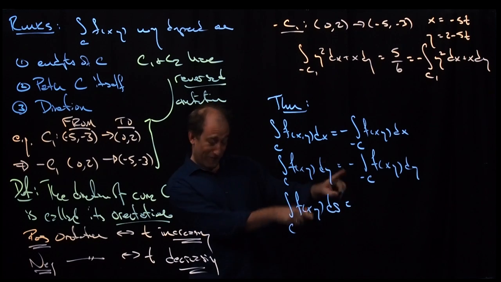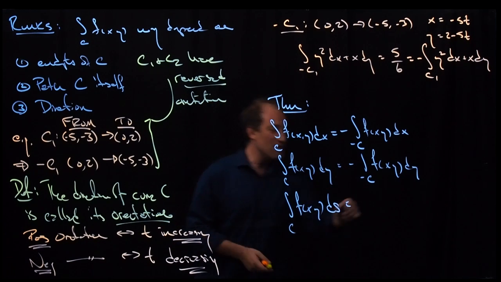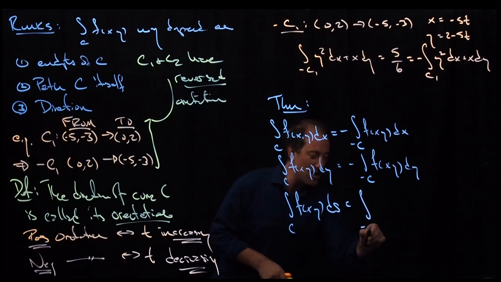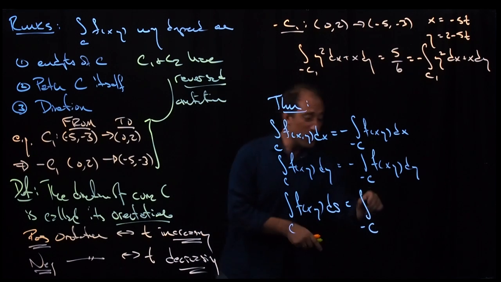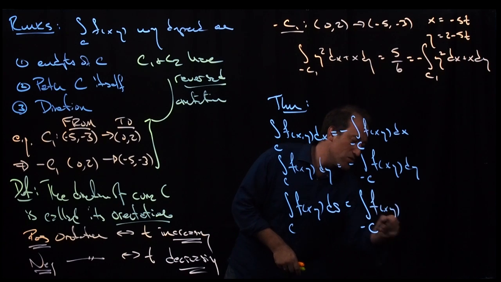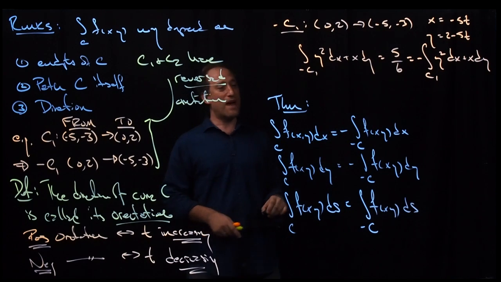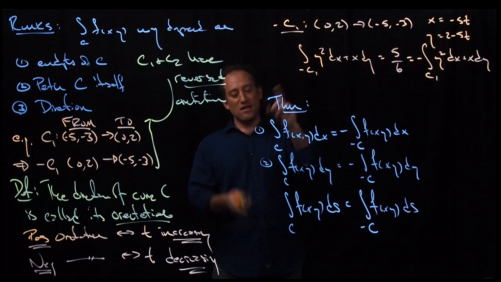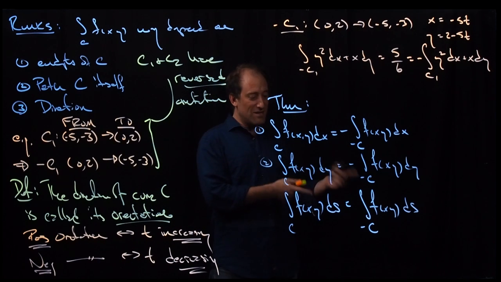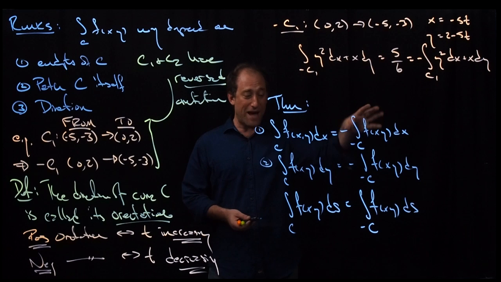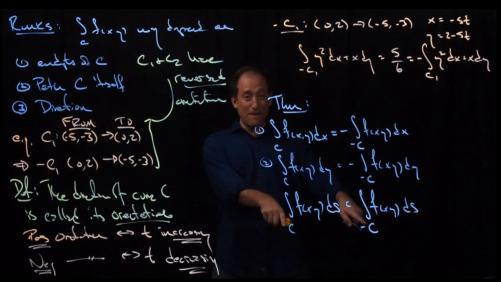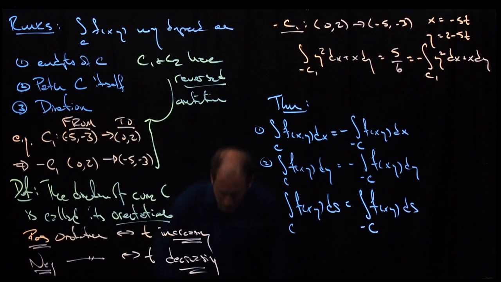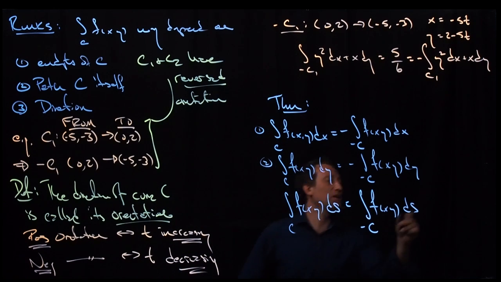But in any case, for the practical purposes of computation, it doesn't matter whether you integrate over C or C backwards if you're integrating with respect to arc length. So for x and y, the integral over a curve is negative the integral over the curve backwards, but it makes no change in sign if you integrate with respect to arc length.